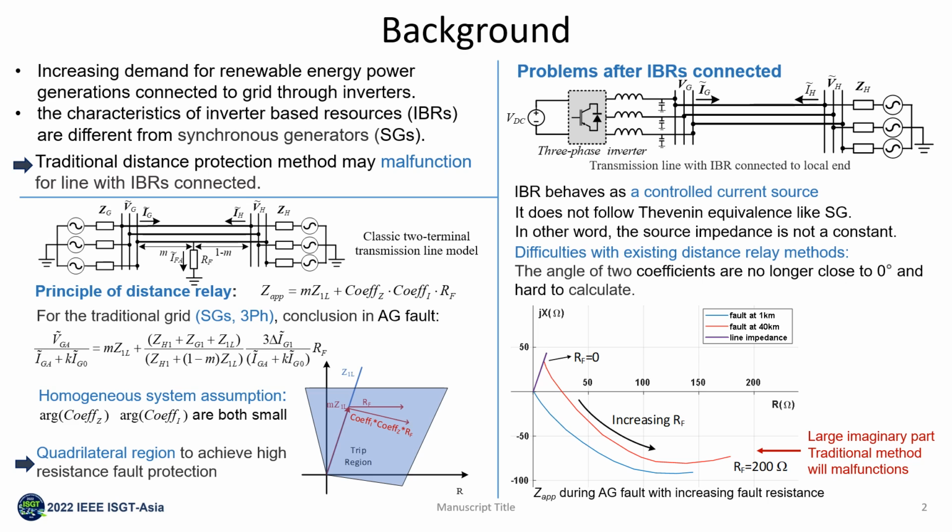A simulation result shows this impact. As the fault resistance increases, the apparent impedance will have a large imaginary part. Traditional distance relay methods using a circle or quadrilateral region cannot detect high-resistance faults correctly. This is a serious hazard.